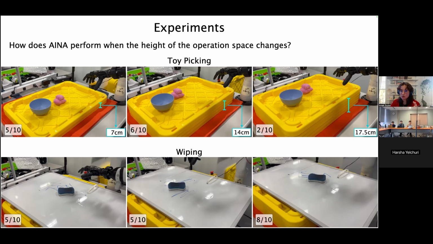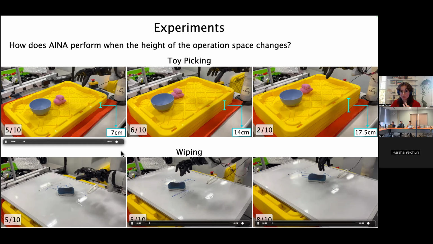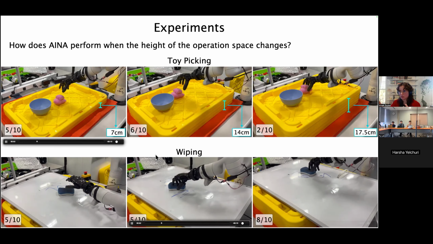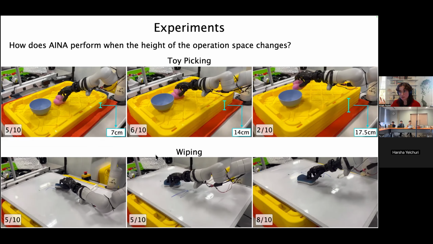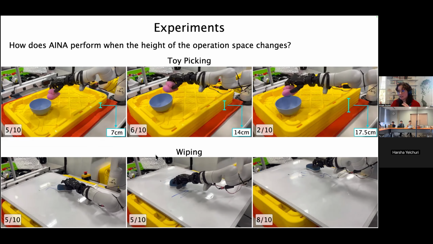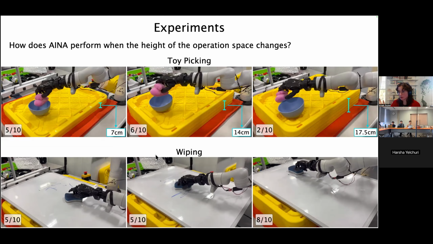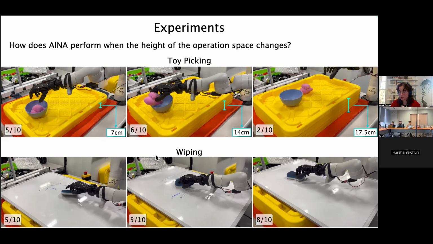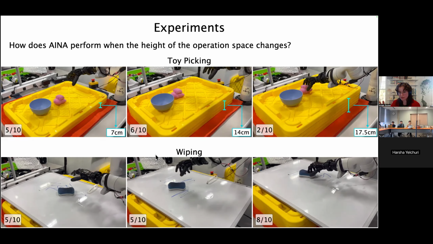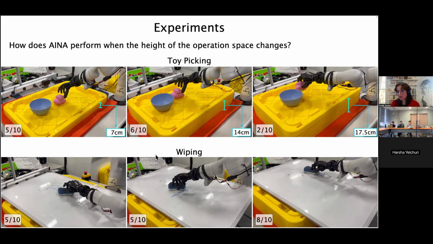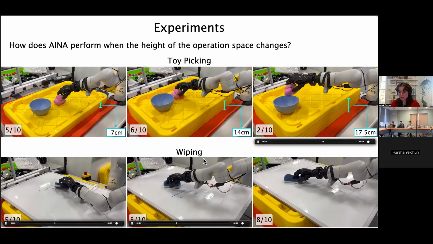Because we were building this idea that domain alignment should help with different operation spaces, we experimented with deploying this policy in different operation spaces, and it seemed to generalize relatively well, around 5 or 6 out of 10 success rate for these different heights.